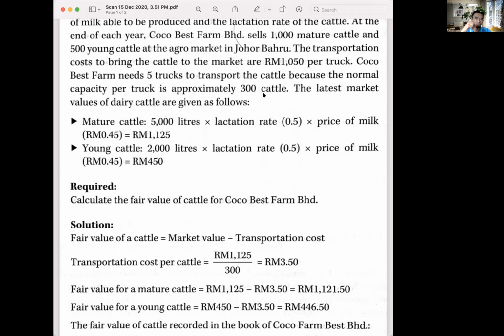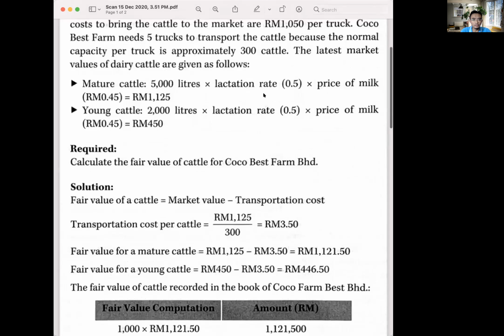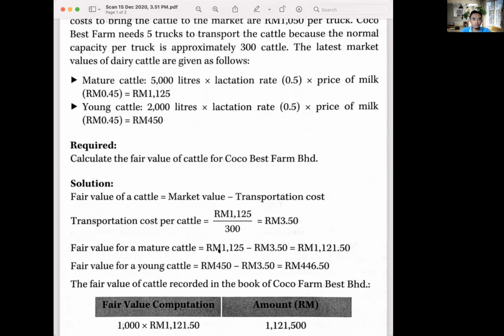Jadi the fair value for mature cattle is basically 1,125 minus the cost to sell, which is 3 ringgit and 50 cent per cattle. Jadi the fair value for one mature cattle is 1,121 ringgit 50 cent.